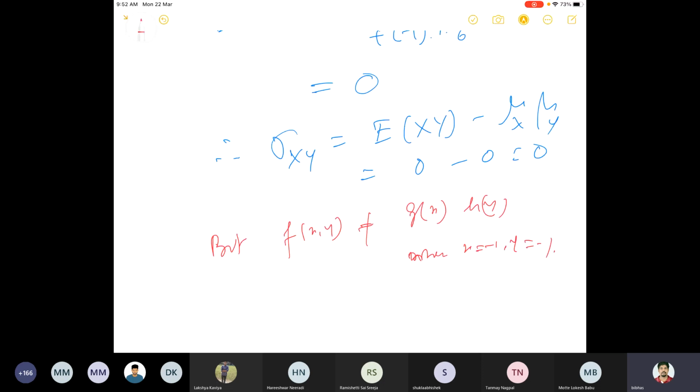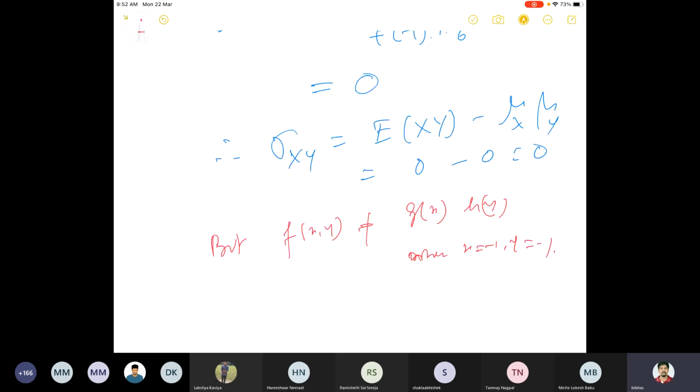This is just one example; you can possibly find other examples. So covariance 0 does not necessarily mean that the random variables are independent, but independent random variables always have covariance 0.